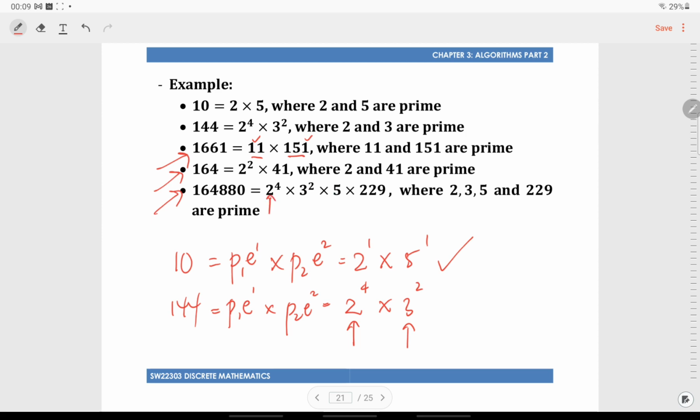So 2 is a prime, 3 is a prime, 5 is a prime, and 29 is also a prime. Basically, all numbers, as long as they are positive and greater than 2, have their own prime factors according to the fundamental theorem of arithmetic.